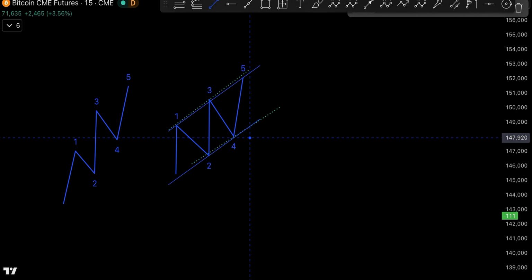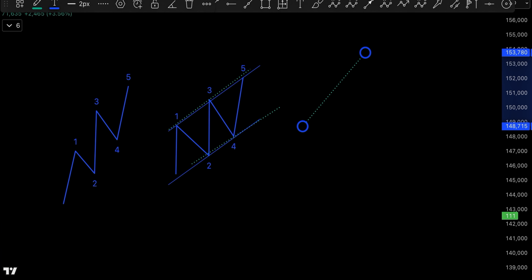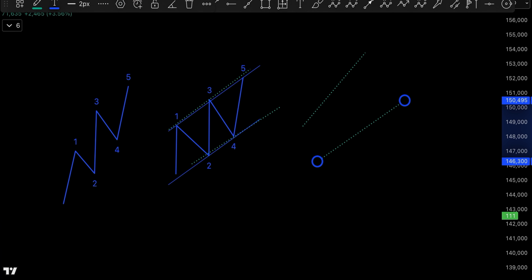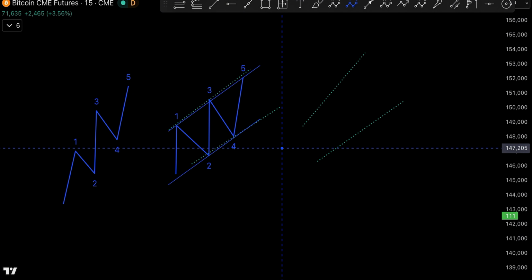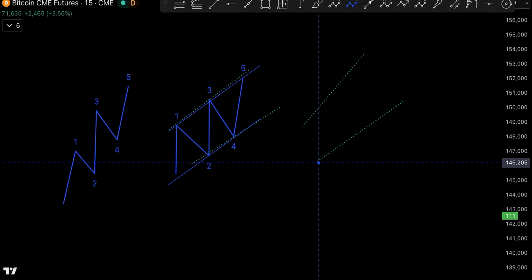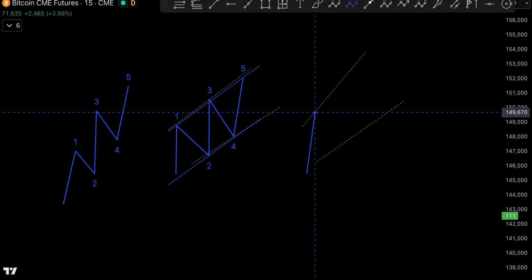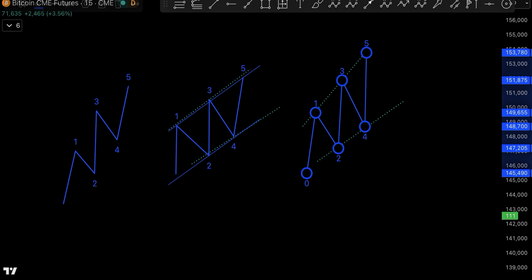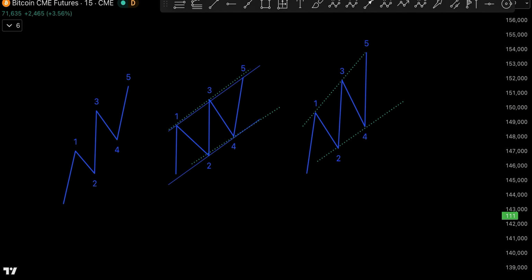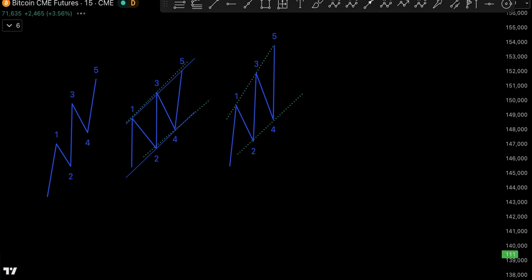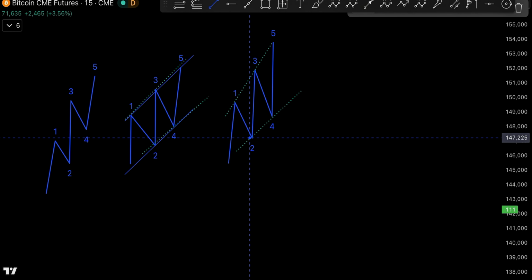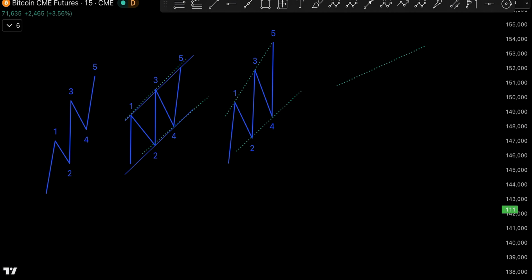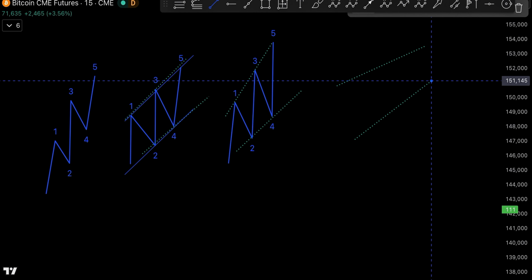For example, let's say this is probably like a megaphone structure, and then we can still have this diagonal inside this megaphone structure, like 1, 2, 3, 4, and 5. This is also possible, and it could also be a structure which is slightly larger in the front, and probably squeezing towards the end.